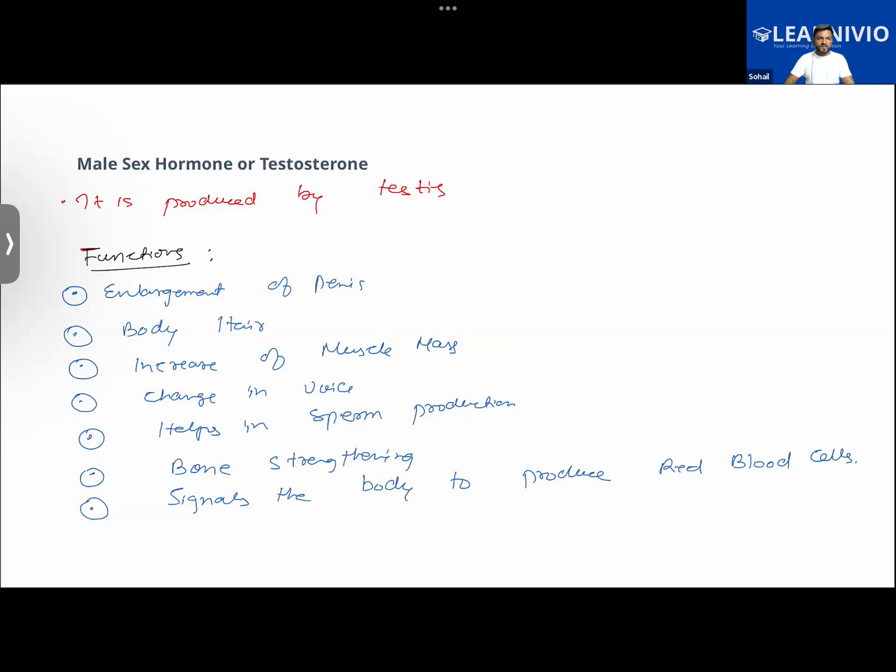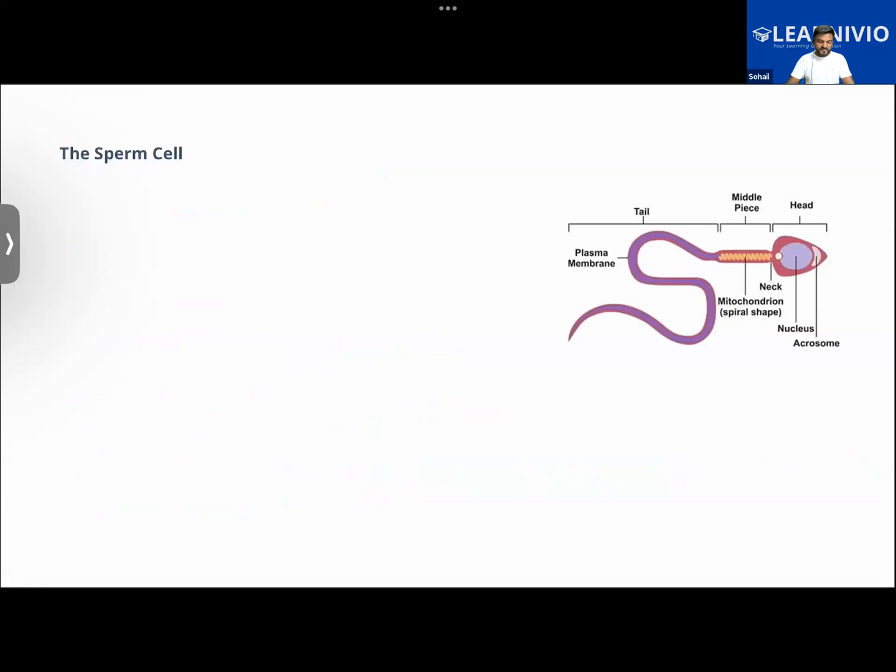Apart from that, it is responsible for the enlargement of the penis, and it is one of the causes of body hair and increase of muscle mass. When boys reach puberty, their voice changes. It helps in sperm production, bone strengthening, and signals the brain to produce red blood cells. These are the functions.